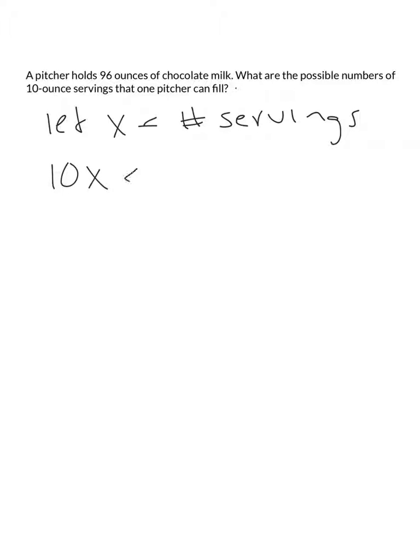And the last one, a pitcher holds 96 ounces of chocolate milk. What are the possible numbers of 10-ounce servings that one pitcher can fill? I'm going to just do let X equal number of servings. 10x is less than or equal to 96.